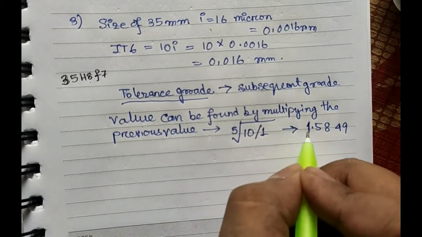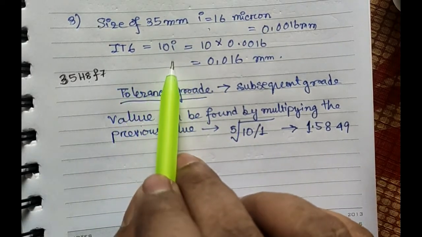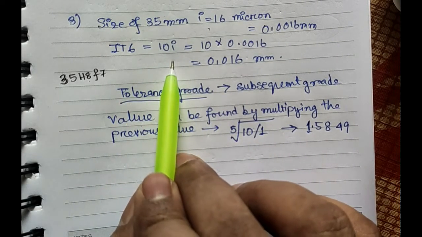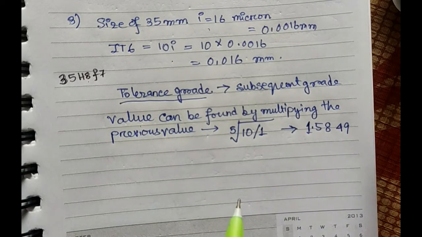Just remember that if one grade is given, suppose IT6 is given, to get the IT7 value you need to multiply by 1.58.